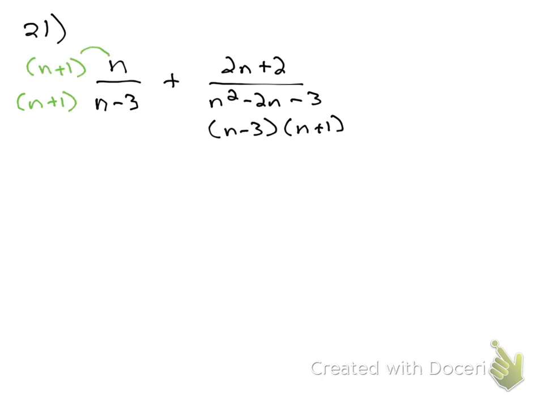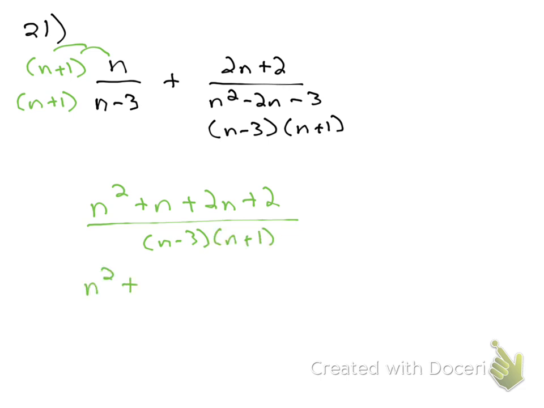So I'll distribute that, and that'll give me n squared plus n plus 2n plus 2 over n minus 3, n plus 1, which is n squared plus 3n plus 2 over n minus 3, n plus 1.